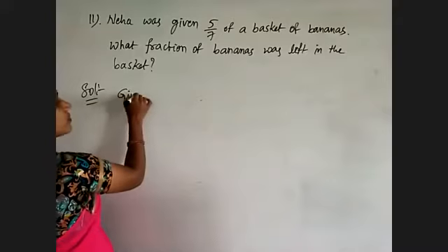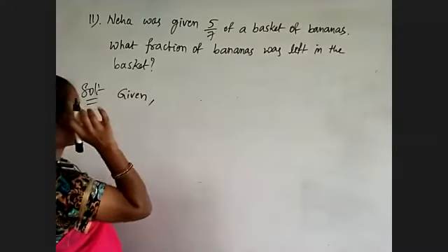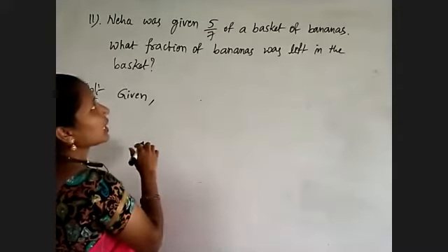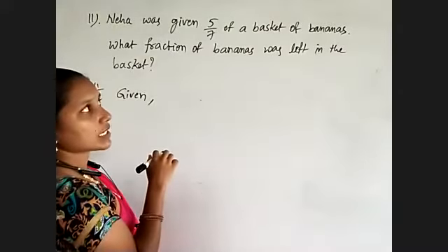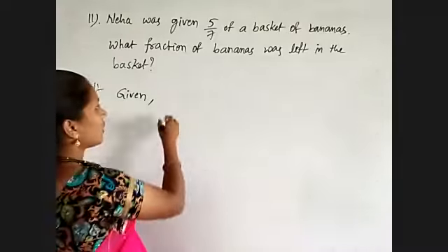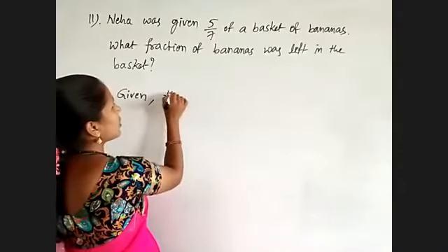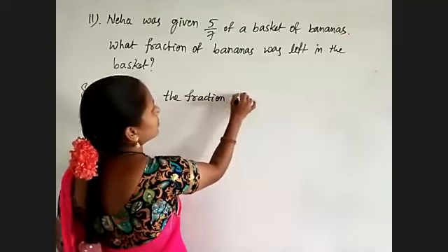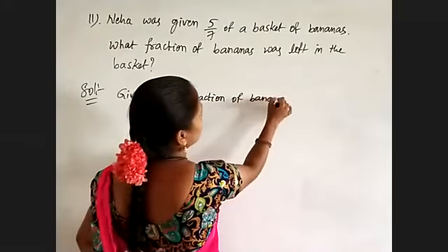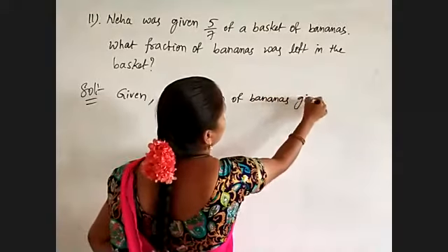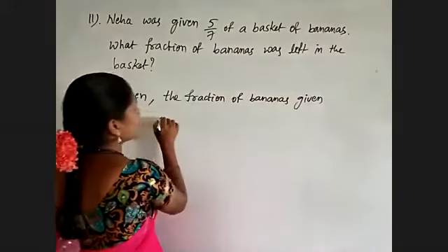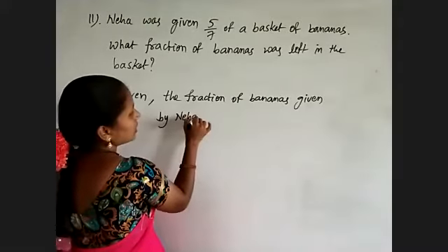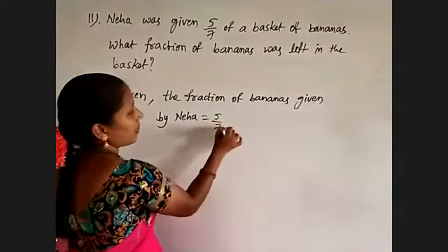Given, Neha was given 5/7 of a basket of bananas. Okay. So the fraction of bananas given by Neha is equal to 5 by 7.